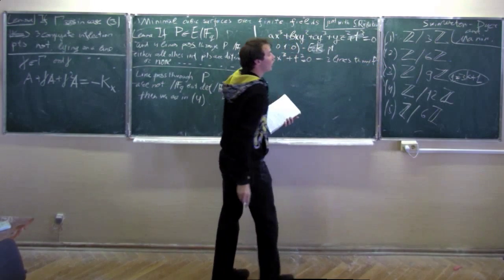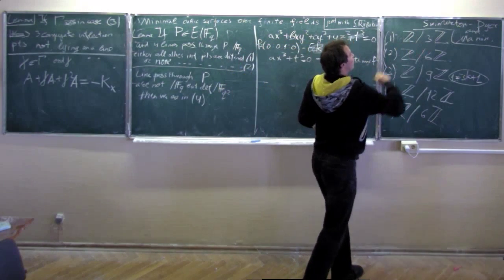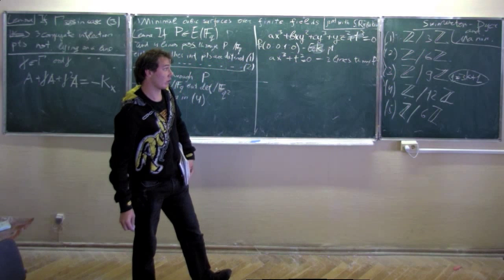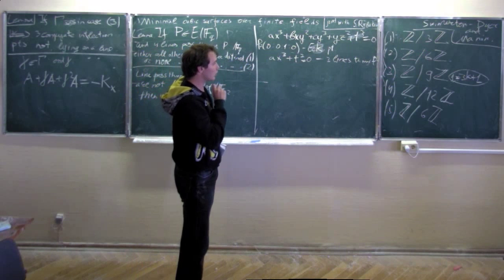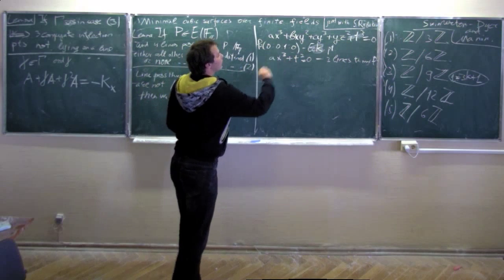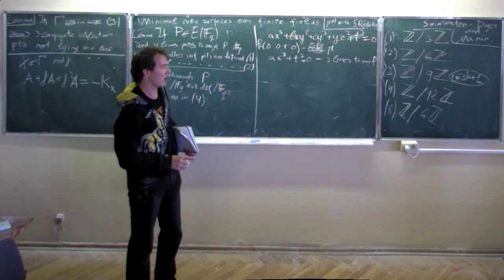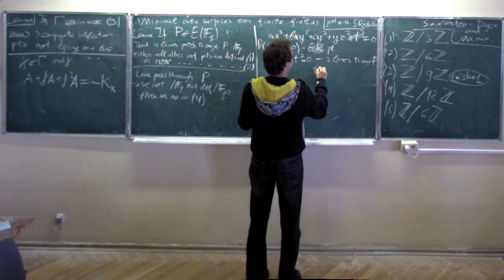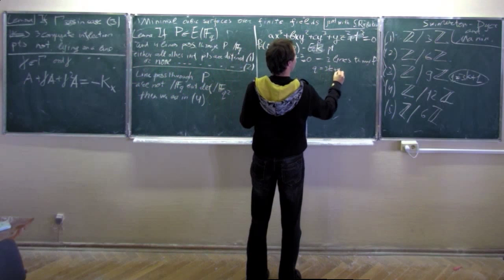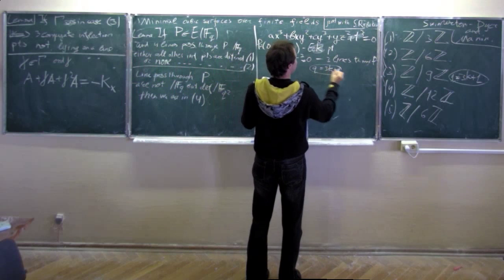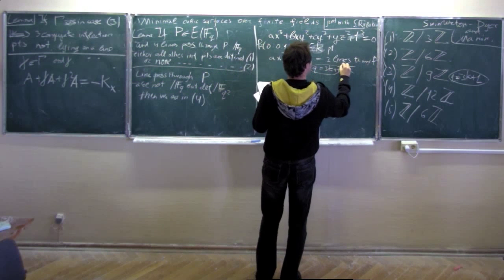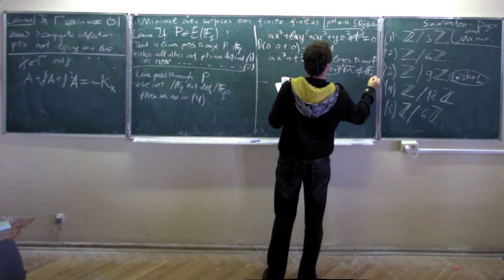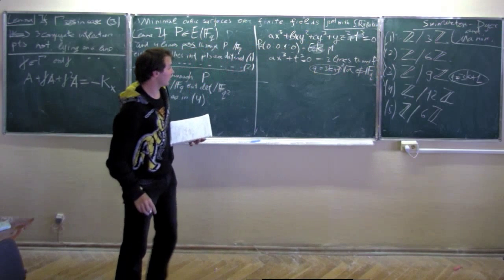Well, we have this group of order 3 as image in the Weil group. We should have that this equation shouldn't have any root. So we say that q is 3k plus 1 again, and we say that the third root of a doesn't lie in Fq. This is the first condition.